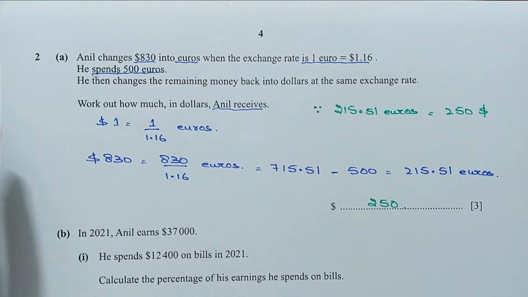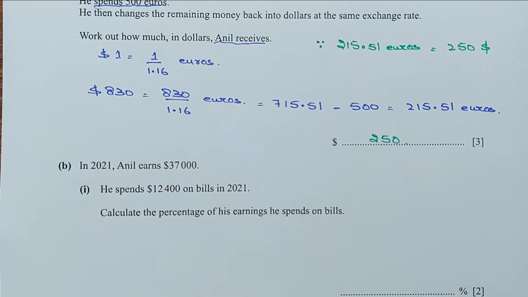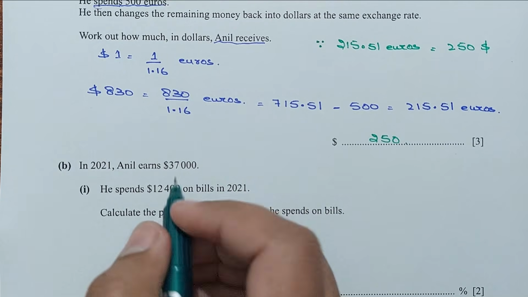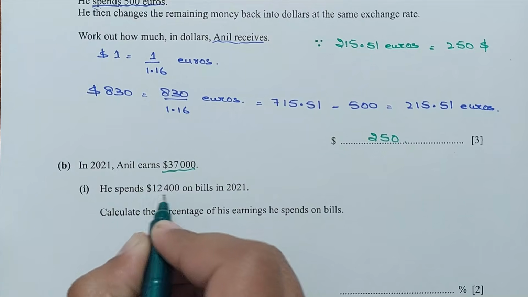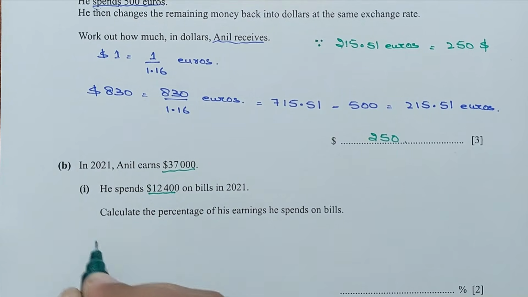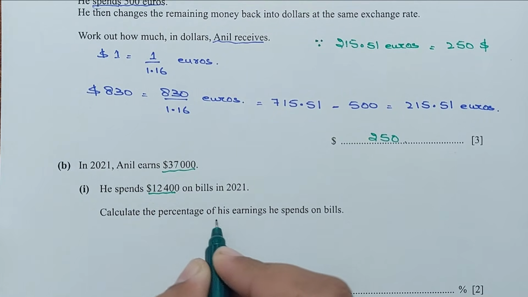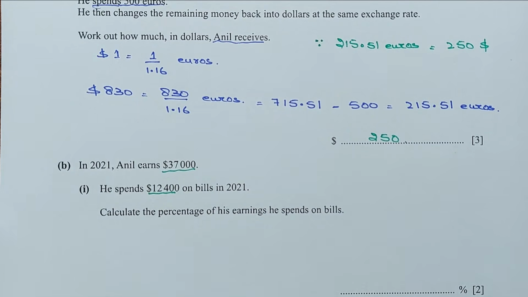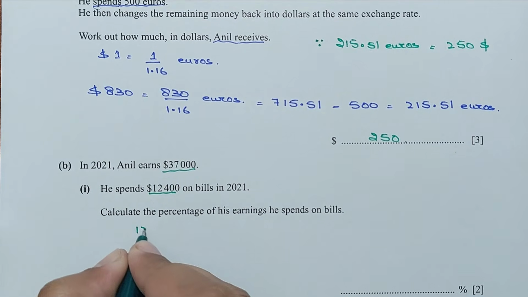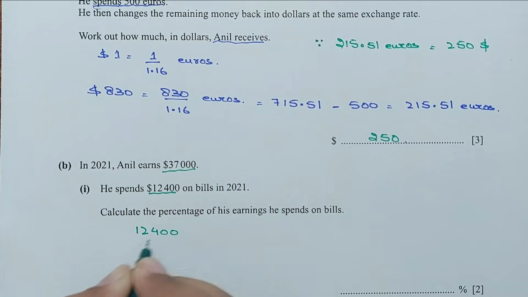Right. Now for part B, in 2021, Anil earned $37,000. Number one, he spent 12,400 on bills in 2021. Calculate the percentage of his earning he spent on bills. How much he spent on bills? 12,400 divided by the total earning.